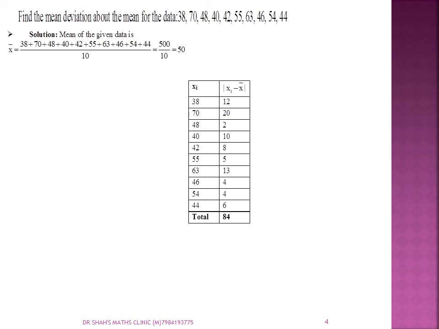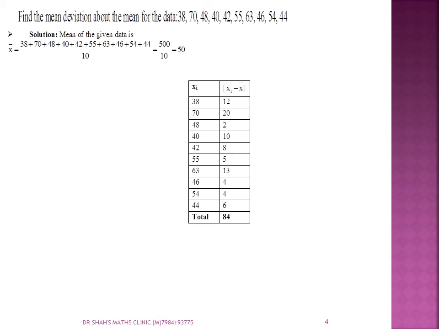The mean is 50. 38 minus 50 is negative 12, but it is a modulus, so we take 12. 70 minus 50 is 20. 48 minus 50 is minus 2, but modulus, so 2. 40 minus 50 gives 10, 42 minus 50 gives 8, 55 minus 50 gives 5, 63 minus 50 gives 13, 46 minus 50 is minus 4, but modulus, so plus 4. 54 minus 50 is 4, and 44 minus 50 is minus 6, due to modulus it is 6. The addition would be 84.